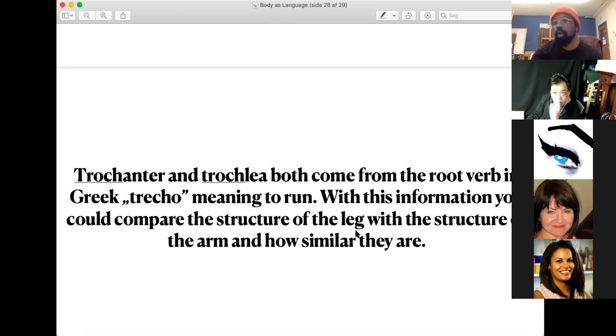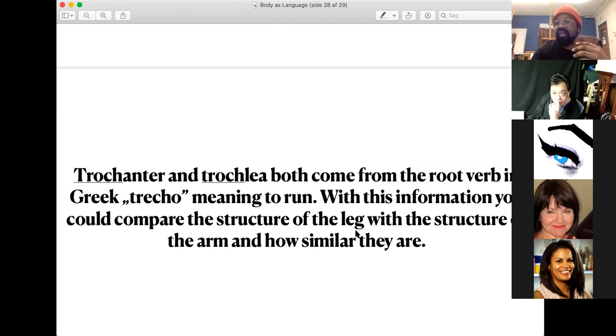Trochanter, that large bone on the femur connecting into the acetabulum on the pelvis, and trochlea, which is the bone protrusion at the end of the humerus, and that's where the ulna connects to. Both of those words come from the Greek word trecho, which means to run.